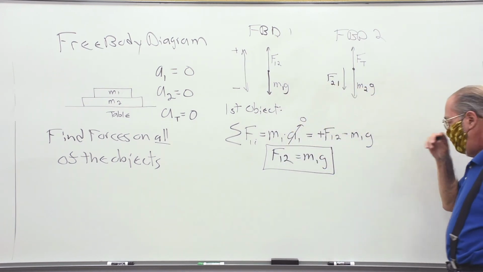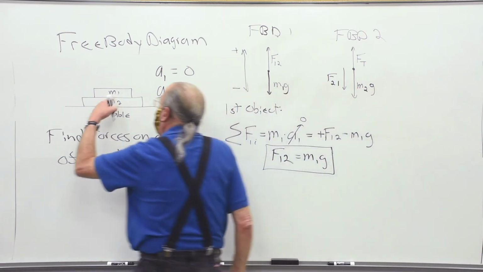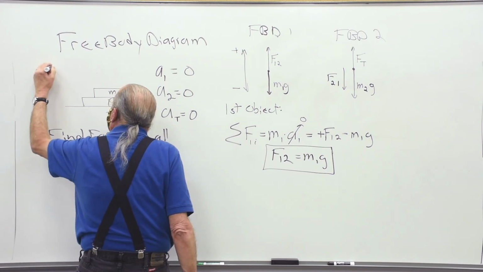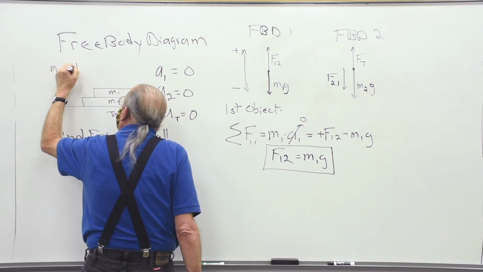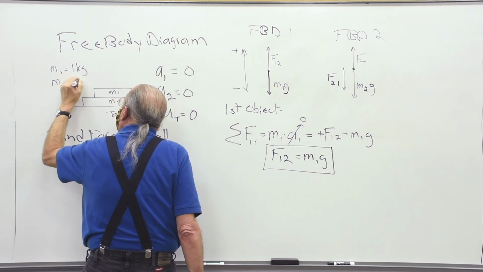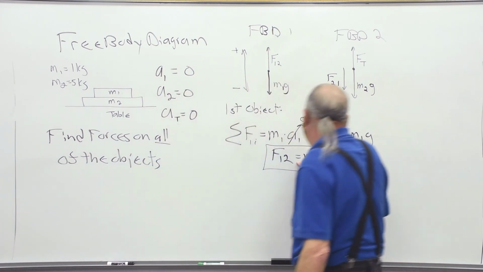All right, but so we just solved that. We assume that M1 and M2 are given. I could say, suppose M1 was 1 kilogram and M2 was 5 kilograms, for instance. So we know this now.